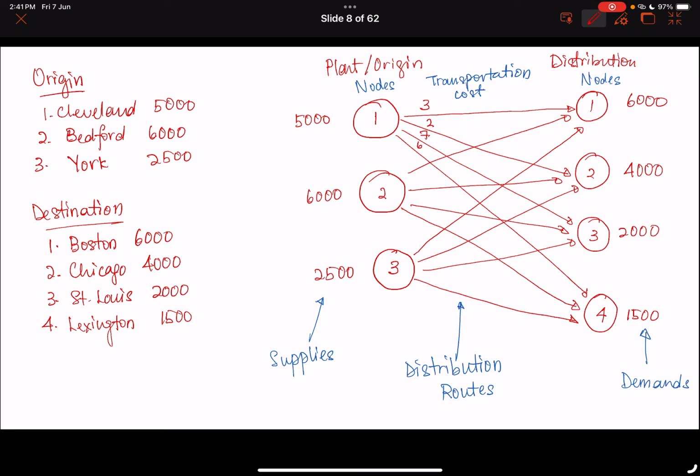You write it down on the arrow. This is what we call a transportation network graph.